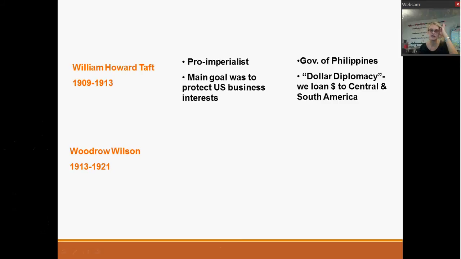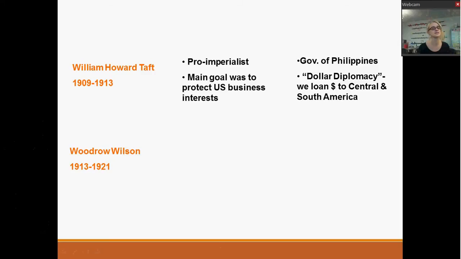The idea behind this is we want to invest in these countries, specifically in Central and South America. We loan them money, and that makes them indebted to us. And if they're indebted to us, they're probably not going to attack us, right? Because they owe us money. It gets us involved in the affairs of those countries and makes sure we have an influence or say. So that's a really big deal, right? But again, he's all about using money and business rather than military might. That's where he differs from Theodore Roosevelt.